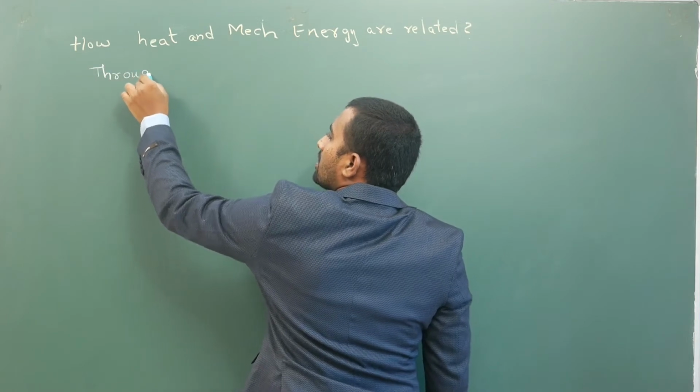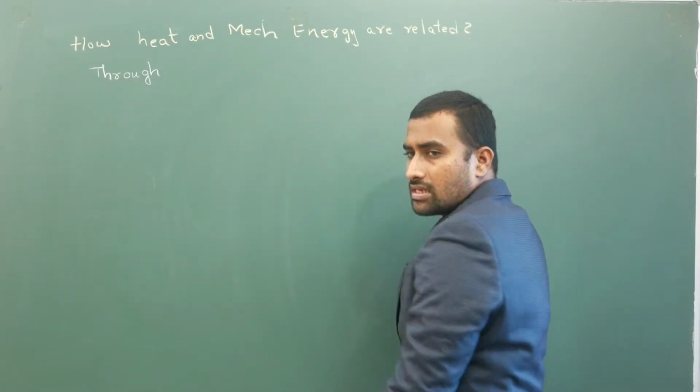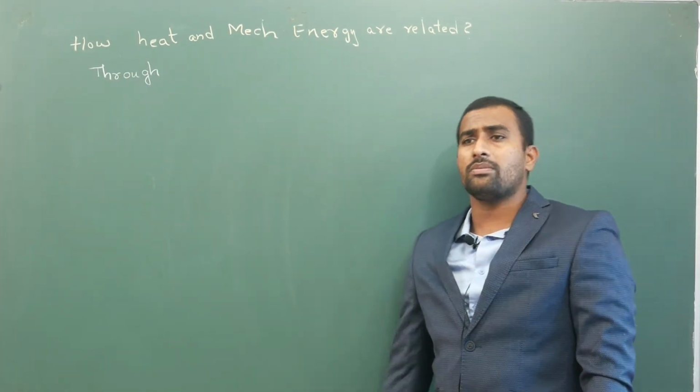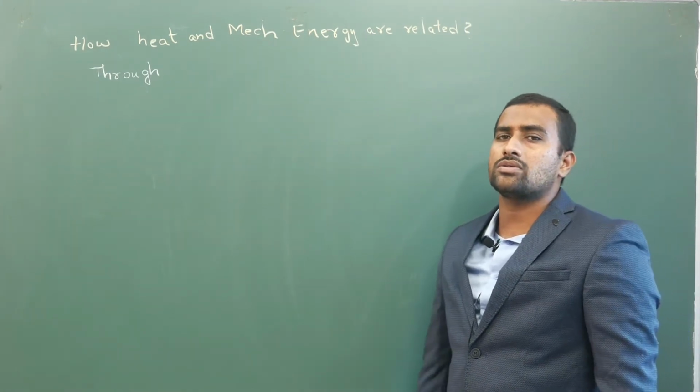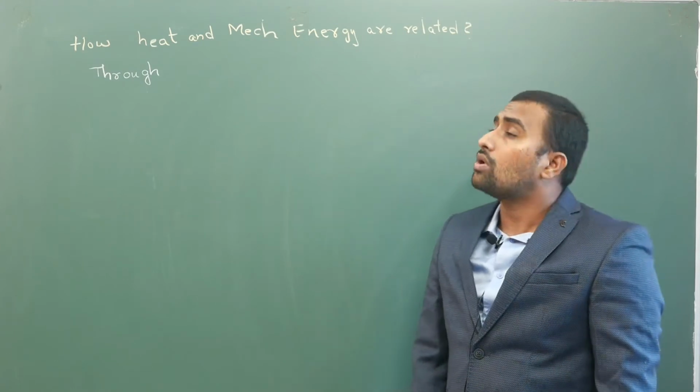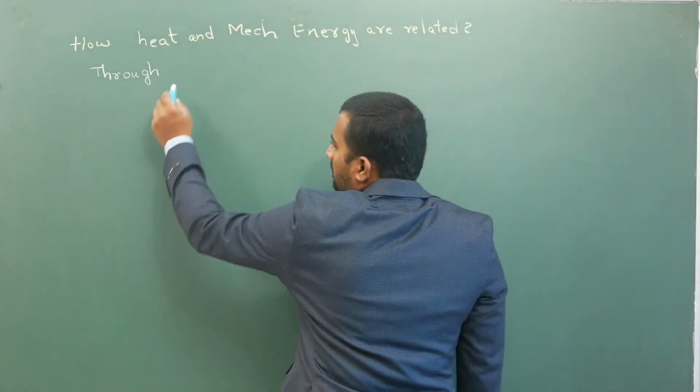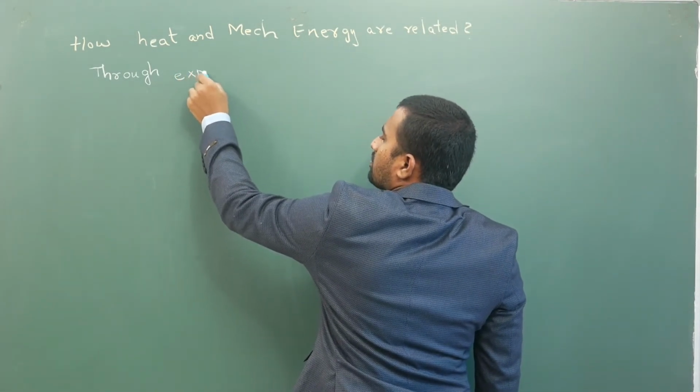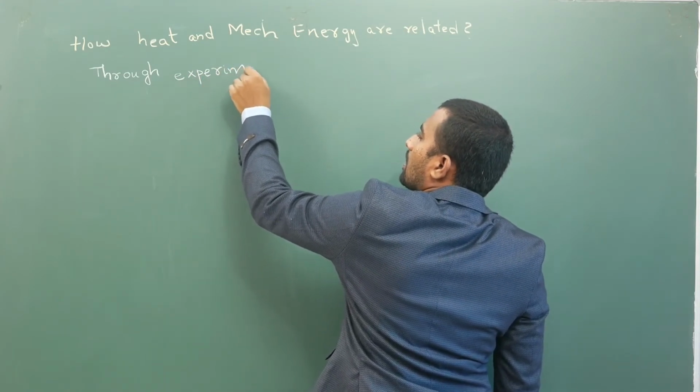Obviously in physics, for everything you will have an experiment, then we derive some logical explanation, then give some maths and justify it. So what is the experiment, I'll explain now.